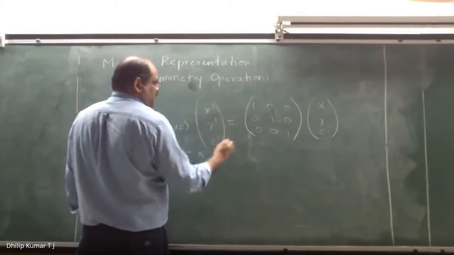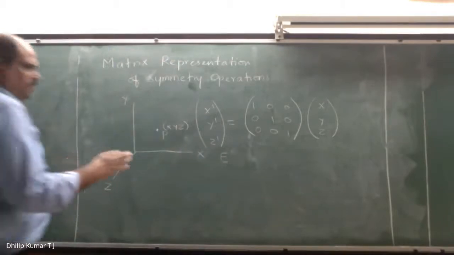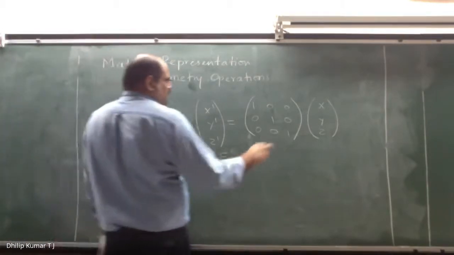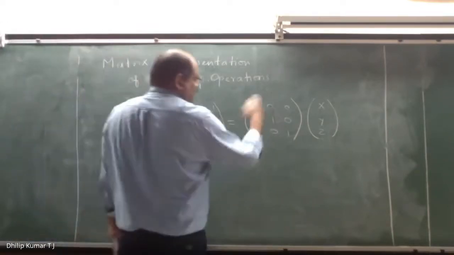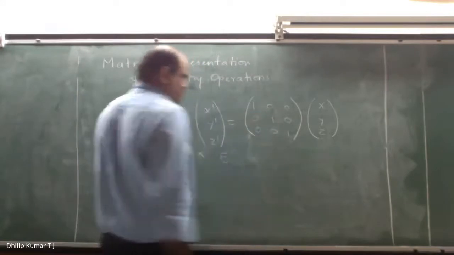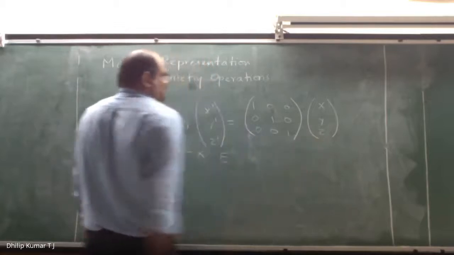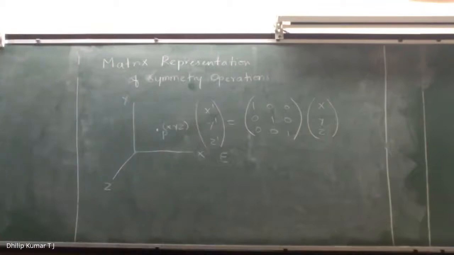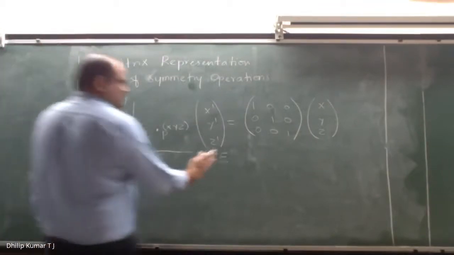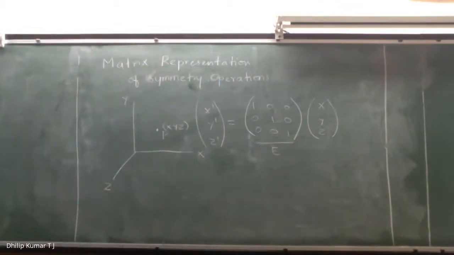So this is for the identity operation E. We are not going to do anything, so the point will remain as such. To represent that, we write the matrix elements 1, 0, 0, 0, 1, 0, 0, 0, 1, and this is the original position. After the operation, the next position is written here. So this matrix is basically for the E operation.